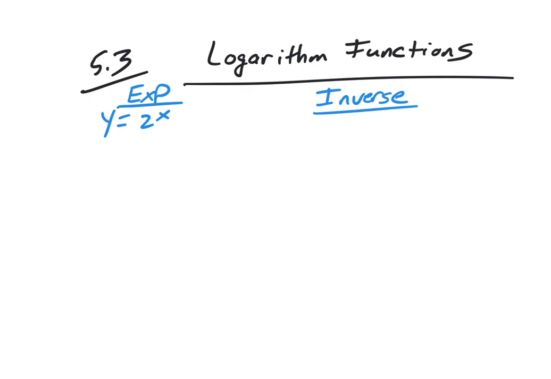And based on what we did on Monday, we would say the equation is x equals 2 to the y. But when we write a function, we always want y to be by itself. And so what we do is we rewrite that equation in a different format, and that's where the log comes into play.